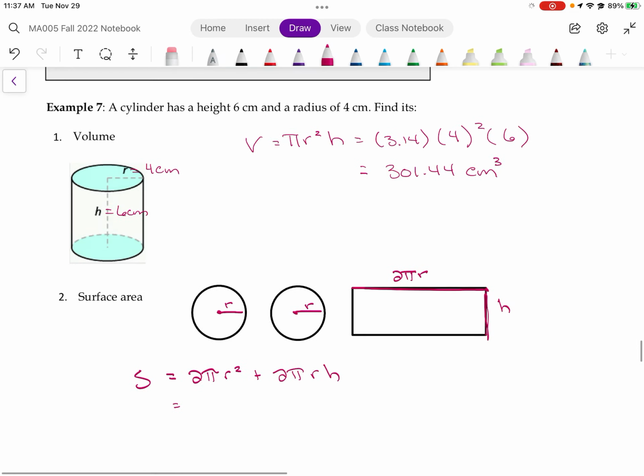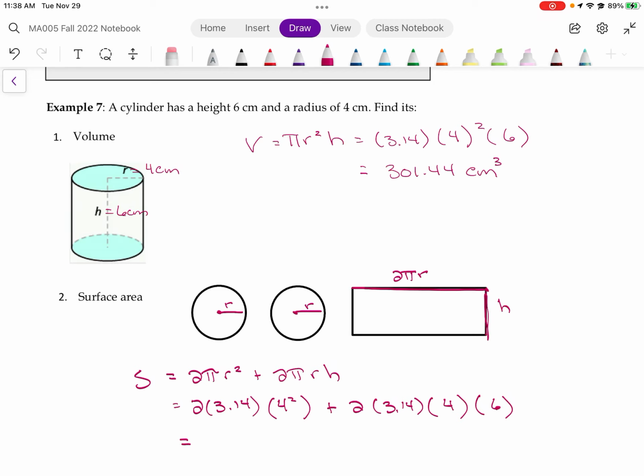All right, so 2 times 3.14 times r is 4, and that is squared, plus 2 times 3.14 times r, which is 4, times h, which is 6.